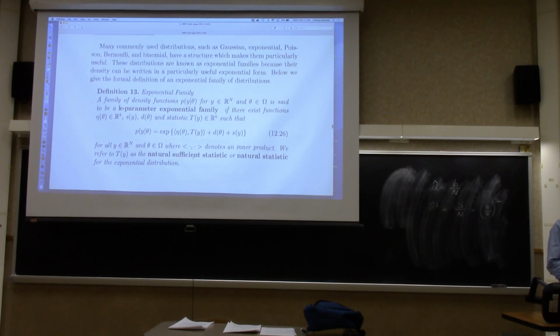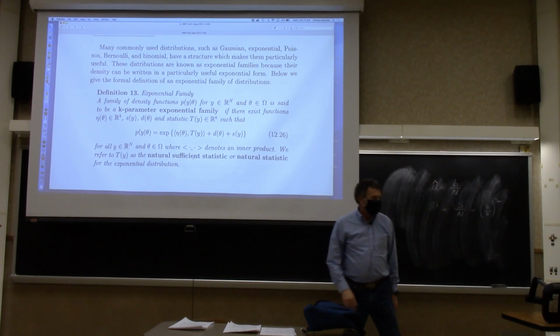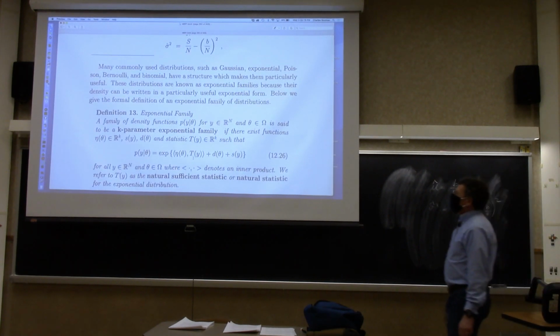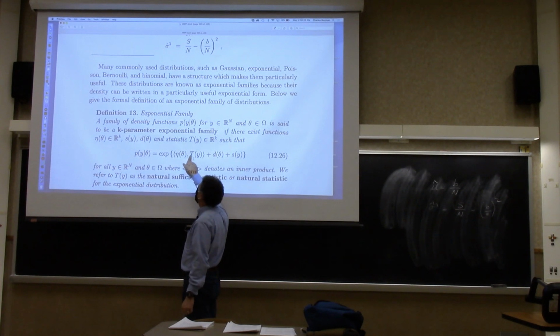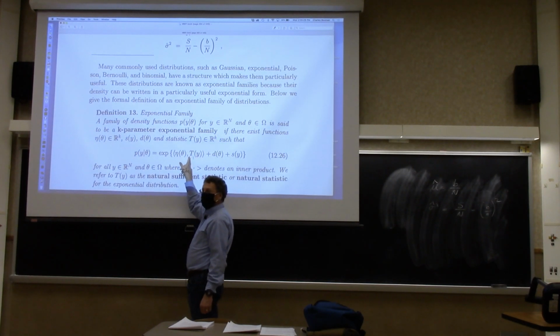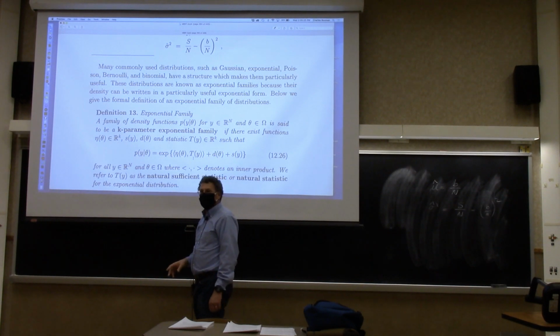So now you have an exponential family. For an exponential family, you assume that you can write the probability distribution like this. In particular, T here is a vector valued function of y. It's not necessarily a linear function of y, but it's a vector valued function.